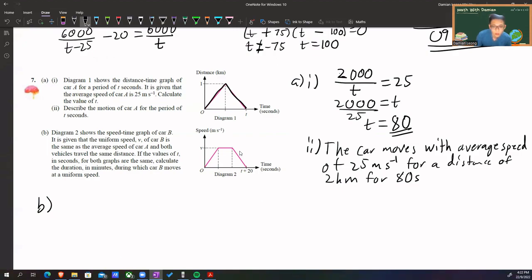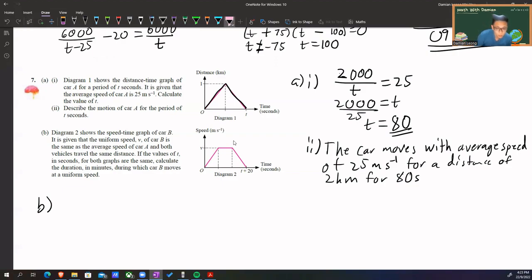So if the values of t in seconds for both graphs are the same, calculate the duration in minutes during which car B moves at uniform speed. So yeah, if you just read the question, I know a lot of people might get confused. Okay, it's a bit long. So let's break it down.